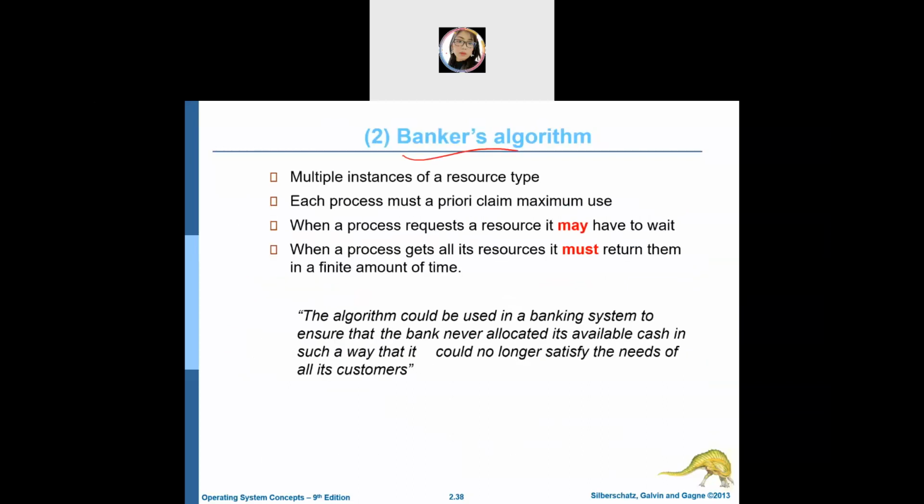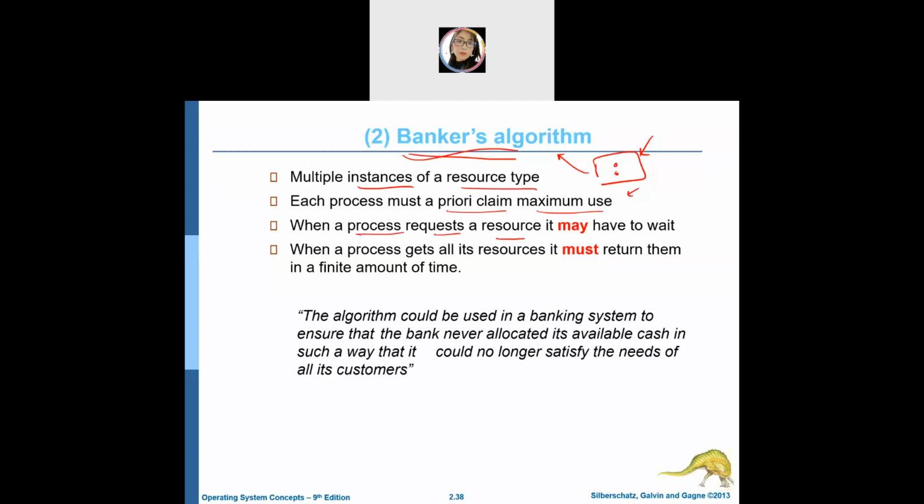Now let's take a look at another one. This one is much more interesting, which is our Banker's algorithm. I'll try to finish the example first. So, multiple instances in a request. If you have multiple instances in your resources, then it's going to be under the Banker's algorithm. Similarly, each process must declare its maximum use in advance, like RAG.